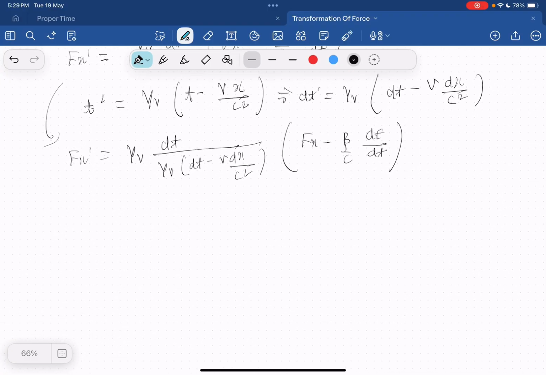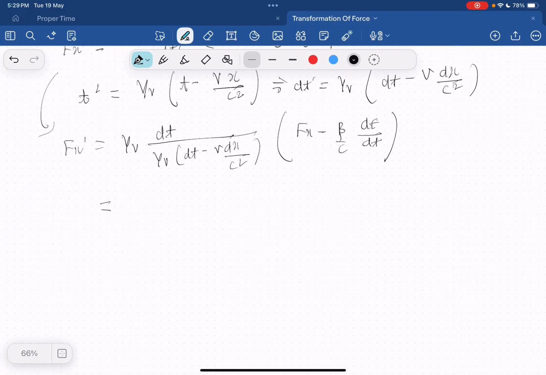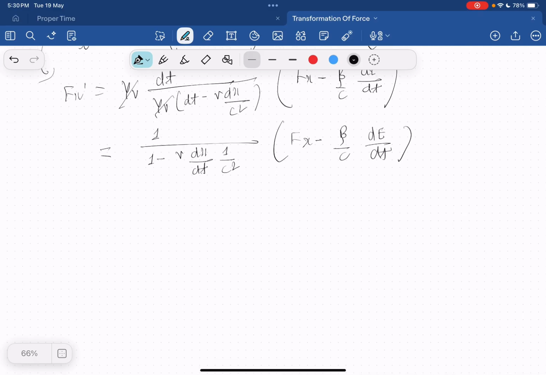Now if you divide by dt in the numerator and denominator both and cancel gamma v, then we will have 1 by v, 1 minus v dx by dt 1 by c square, fx minus beta by c dE by dt. dx by dt is nothing but ux, which is the x component of the particle's velocity with respect to S frame, and we have fx minus beta by c dE by dt.